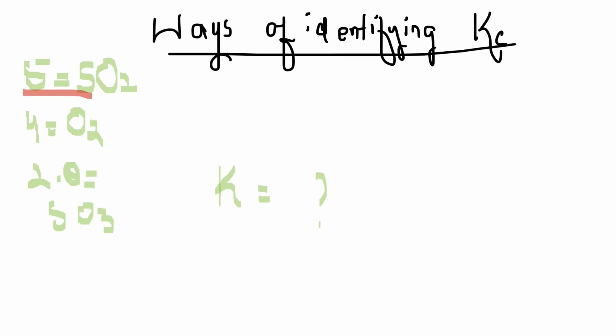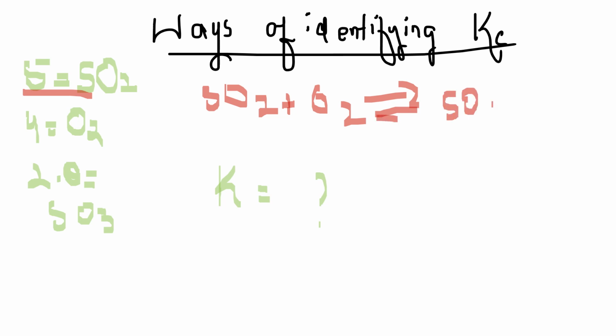Let me first write the reaction: SO2 plus O2, this is a reversible reaction, that makes SO3.